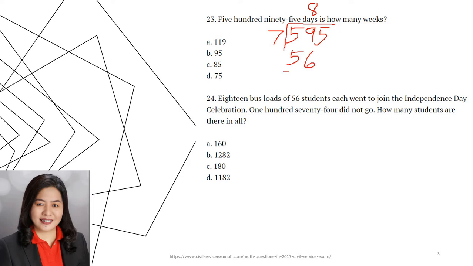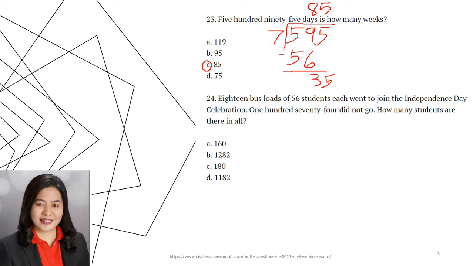Not sure if you'll be allowed to use your calculator, but I have. 59 minus 56 is 3, and bring down 5. 35 divided by 7 is 5, and 5 times 7 is 35, and that will give us a 0. So our answer is C, 85. There are 85 weeks in 595 days.